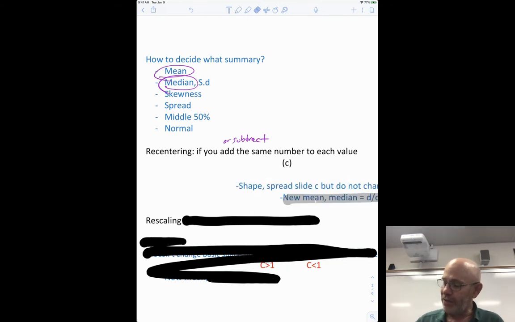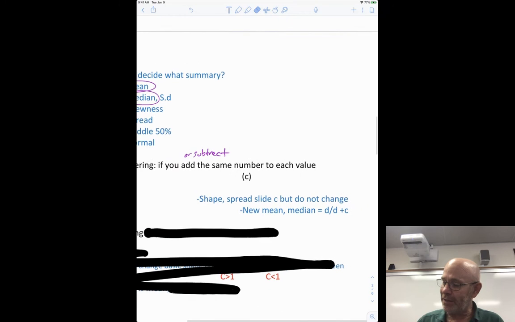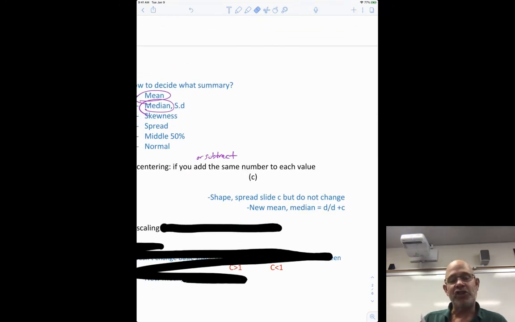All right. So what happens is, the shape of the data set and the spread of the data set do not change. If you can see my video here, you just take the data set and it's just moving over, right? So it's still the same shape. It's still skewed right or normal. The spread, like the middle 50%, is still the same distance. The range is still the same distance. The standard deviation is still the same.